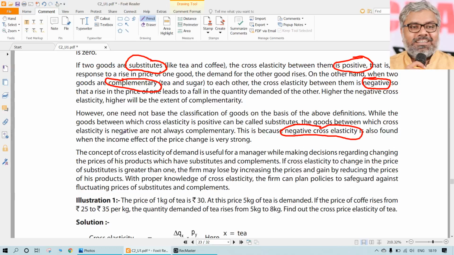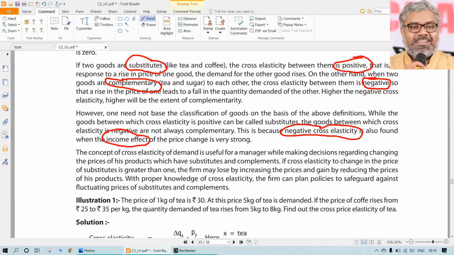Not necessarily, because sometimes the income effect of the price change, if it is very strong, can also make the cross elasticity negative. So negative cross elasticity does not automatically make the goods complementary. That could be because of the income effect of price change also.